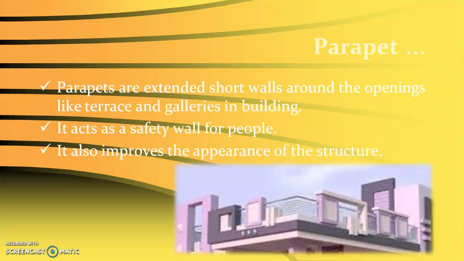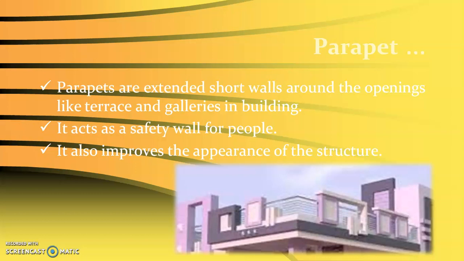Then a parapet. Parapets are extended short walls around the openings like terrace galleries in a building. It acts as a safety wall for people. It also improves the appearance of the structure.